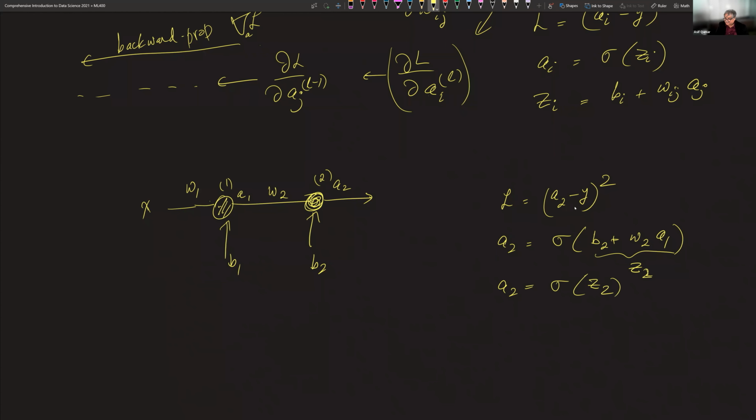Z2 is, of course, by definition, B2 plus W2 A1. Now what about this guy? Z2 is done. Now, what is the activation A1? A1 still needs to be found out. It turns out A1 is the activation of Z1, where Z1 is equal to B1 plus X times W1, right? X being the input.